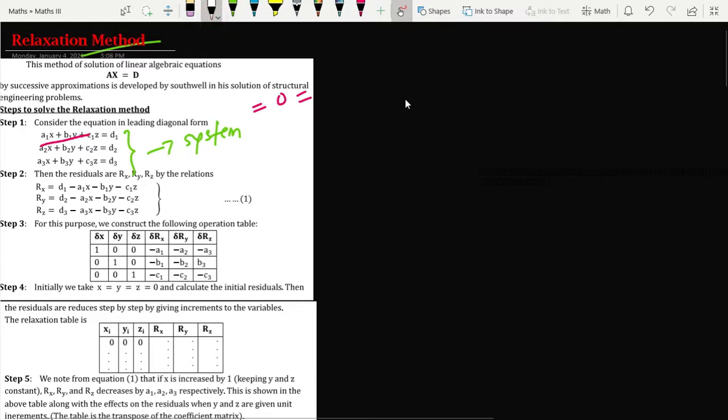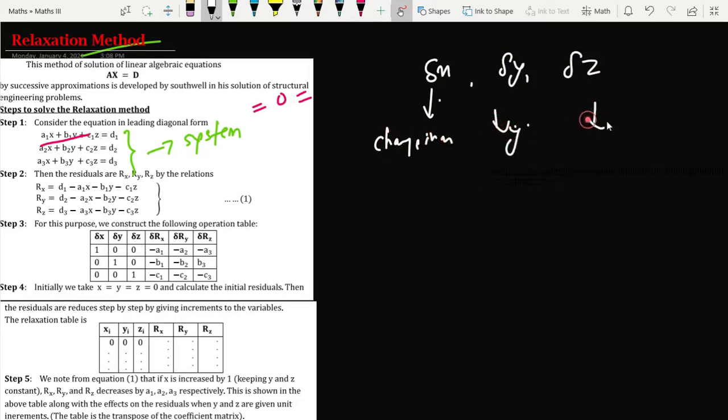I will construct three increments: one is delta x, second is delta y, and third is delta z. Delta means a change, so this is the change in x, this is the change in y, and this is the change in z. Initially we consider a different change for each variable.